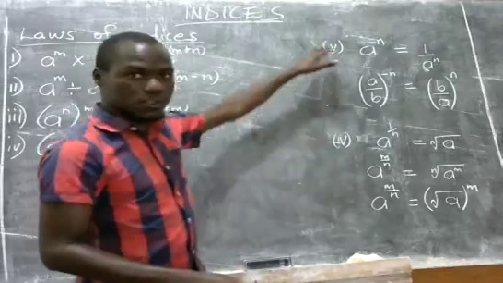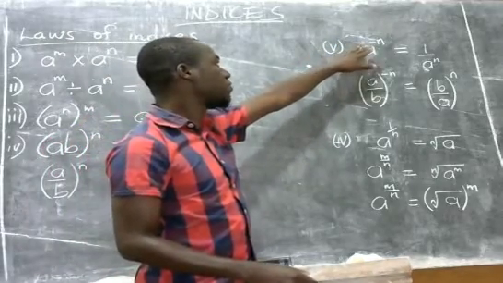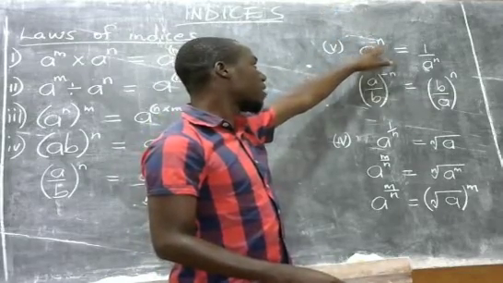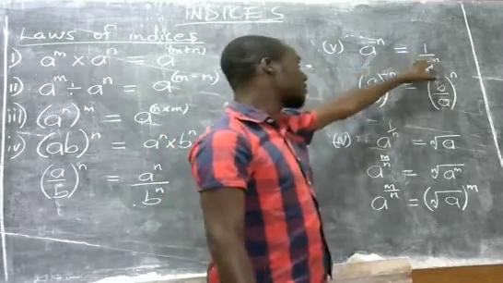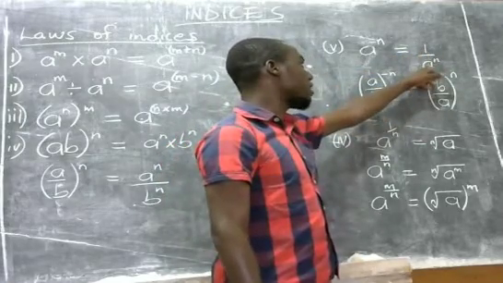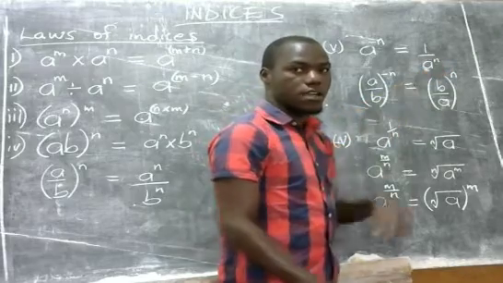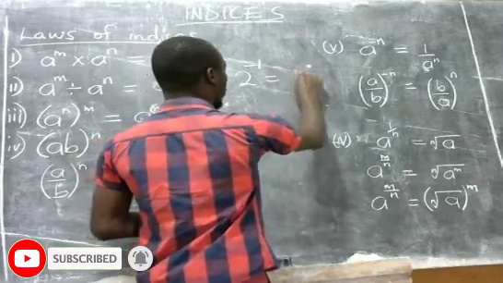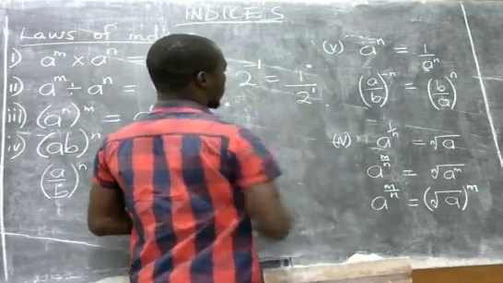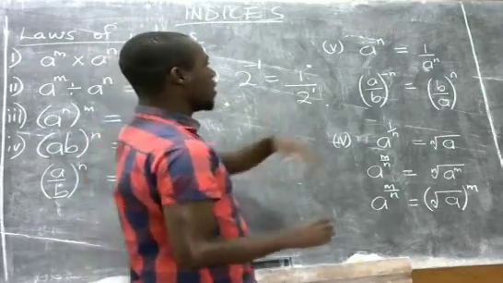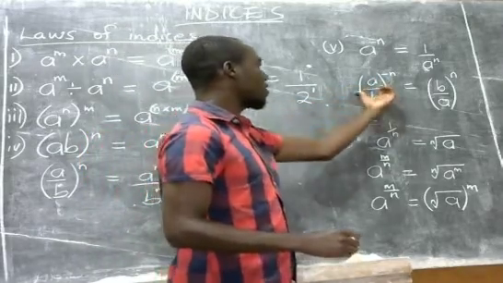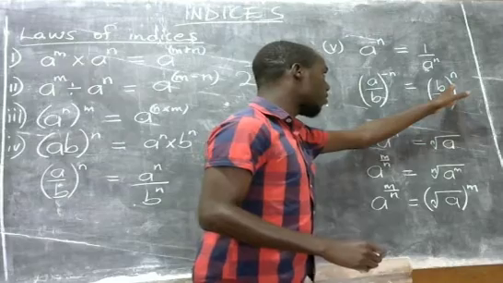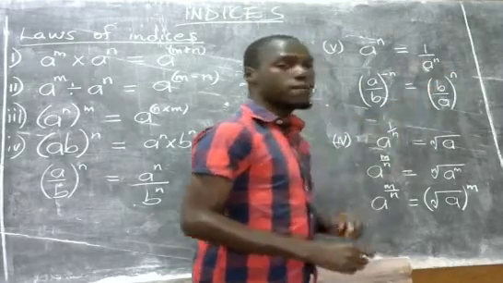Now I go to the fifth one there. If I have any number raised to a negative power, when I want to simplify, I get the reciprocal of that number, but now the power becomes positive. If I have 2 to the power negative 1, this is the same as 1 all over 2 power positive 1. If I have 2 numbers there, I'll take the reciprocal to have the power positive.